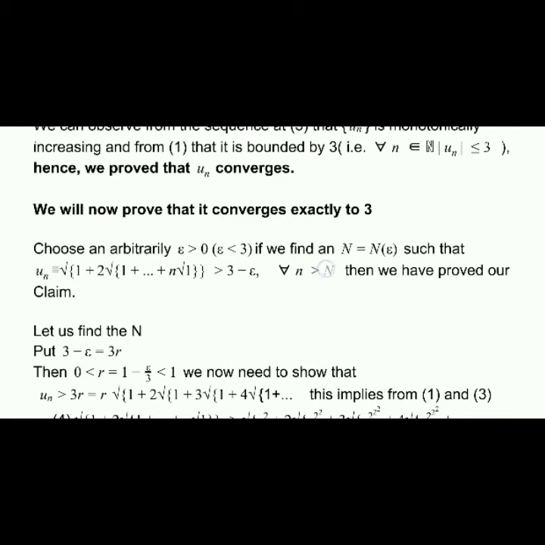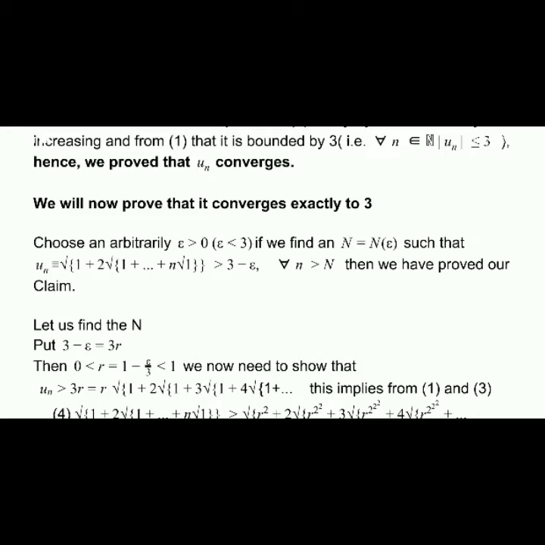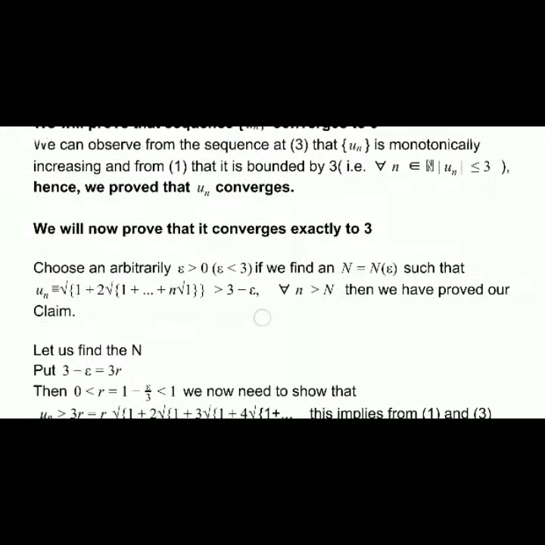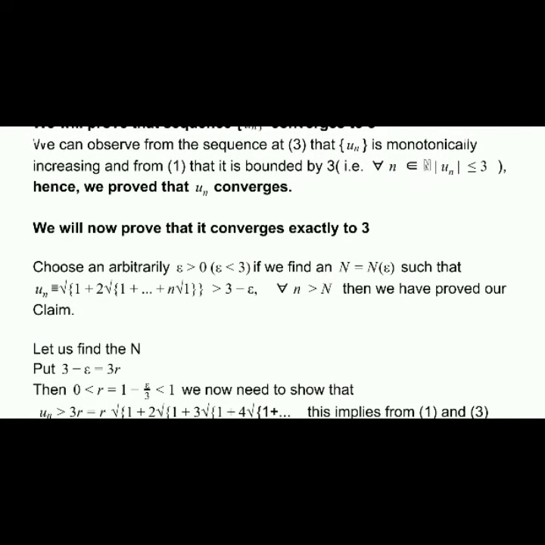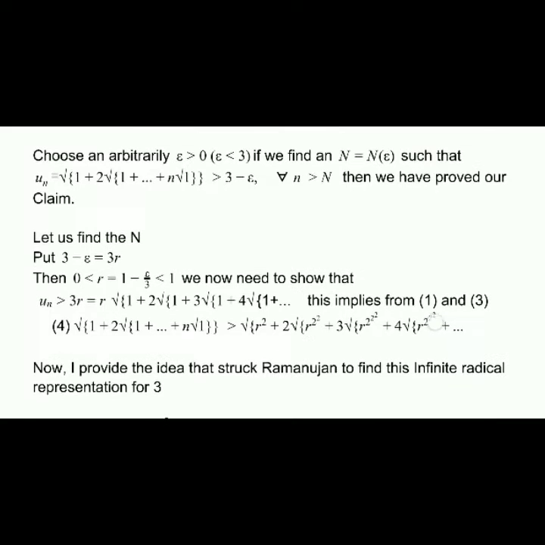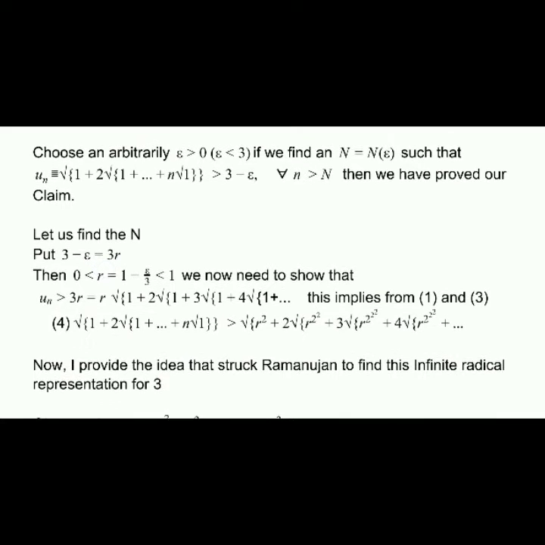If we find n equals n of epsilon such that un is greater than 3 minus epsilon, then we have proved that 3 is the limit. Okay, so let us find the n. Firstly, put 3 minus epsilon equals 3r. So we get that r equals 1 minus epsilon by 3, which is between 0 and 1.